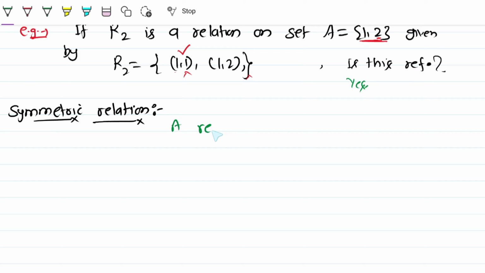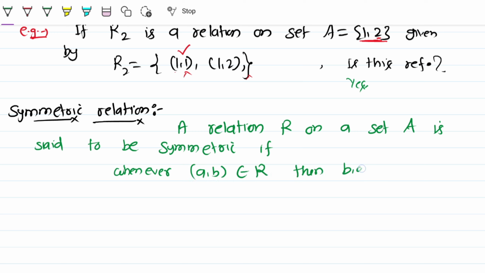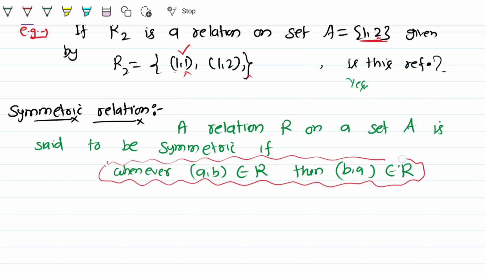A relation R on a set capital A is said to be symmetric if whenever, okay, not always, whenever the ordered pair A, B belongs to relation R, then B comma A also belongs to R. If this condition is fulfilled, we can say our relation is a symmetric relation.